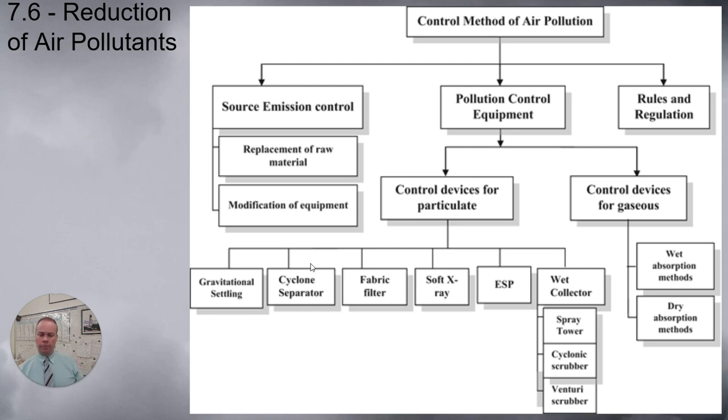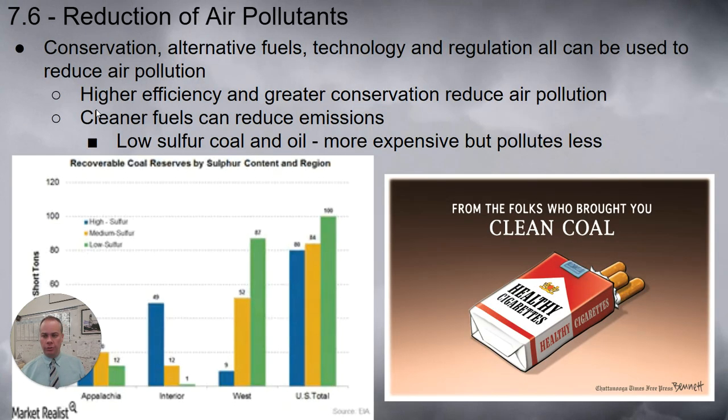Those are things that can reduce the particulate matter that's being emitted. There are also pollution control devices that remove gaseous waste like nitrogen oxides and sulfur oxides; wet and dry scrubbers are an example of that. And we know that oftentimes governments can put in certain rules and regulations that require industries to install some of these pieces of equipment so that they can reduce their emissions.